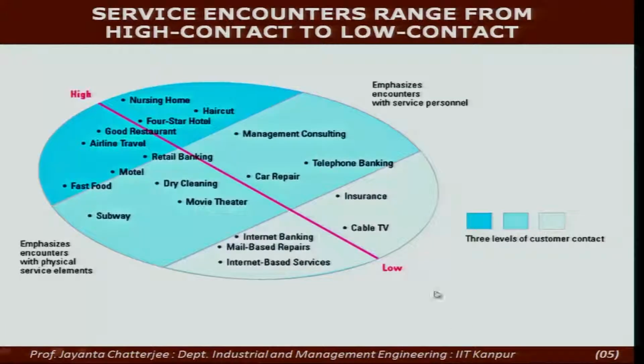Remember, I had mentioned that you have to choose one of these high contact services like a nursing home or a 4-star hotel or a haircut or a good restaurant, and map the backstage activities as well as the front stage activities of this high contact service.